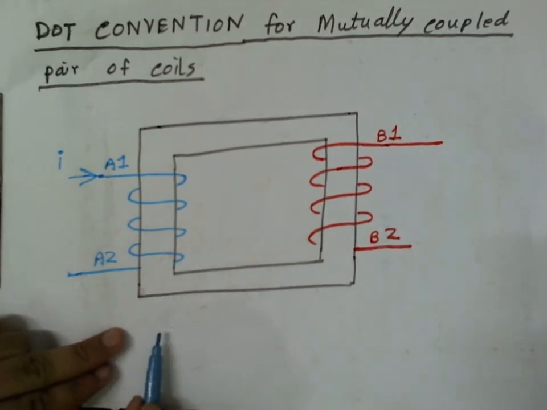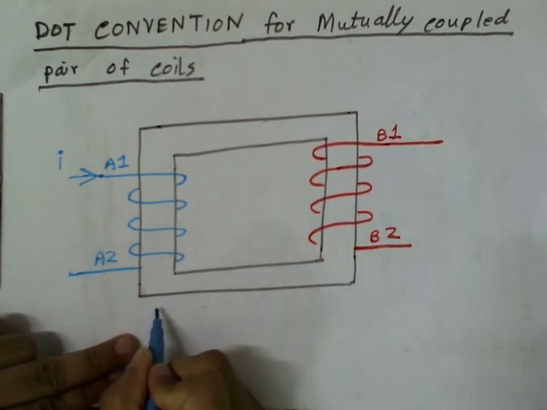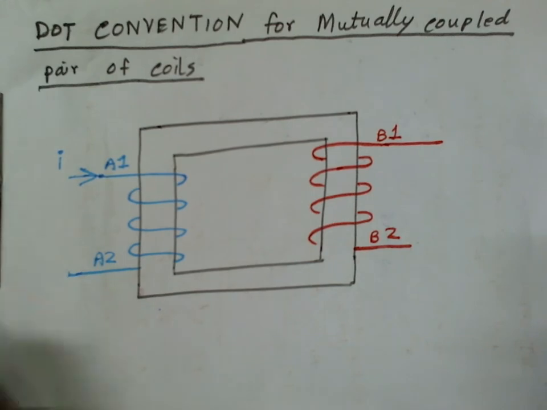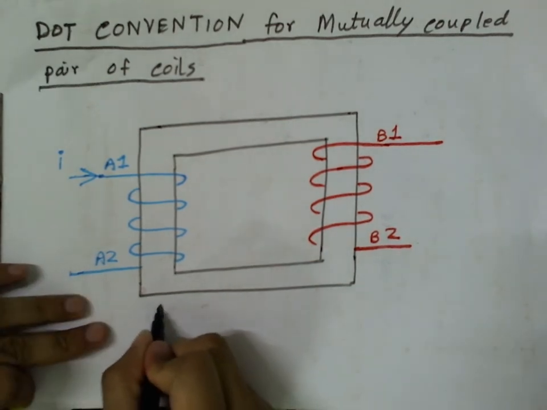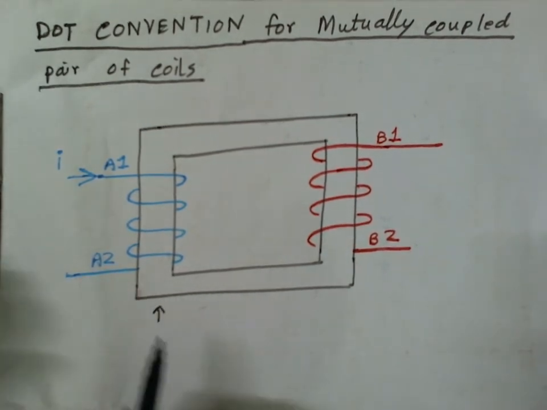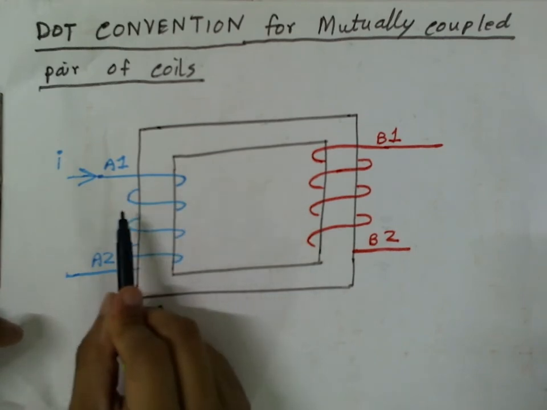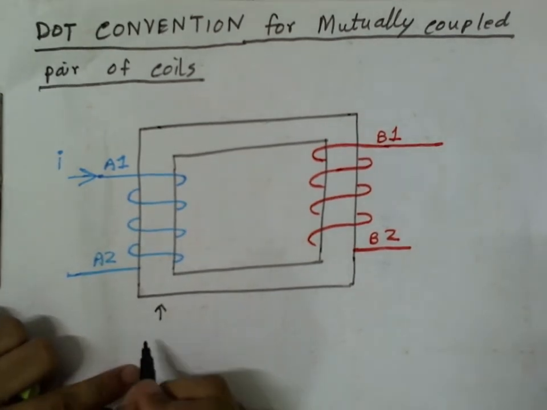Say if we look at these coils from the bottom, then the current is flowing in a clockwise direction.